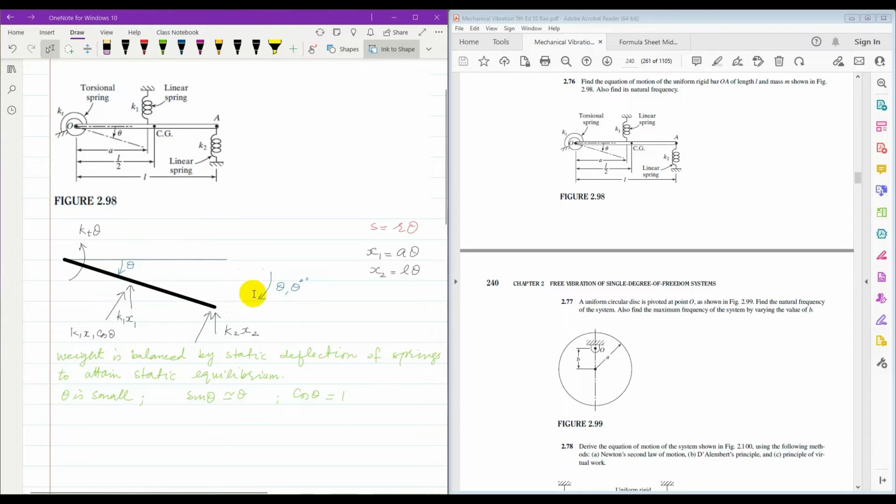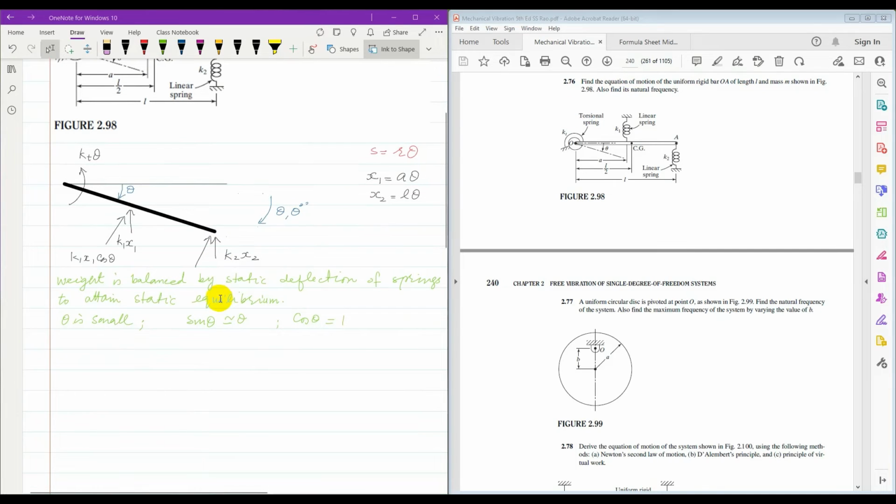Now Newton's second law of motion can be applied to find the equation of motion, which is the sum of all moments equal to J equivalent theta double dot.